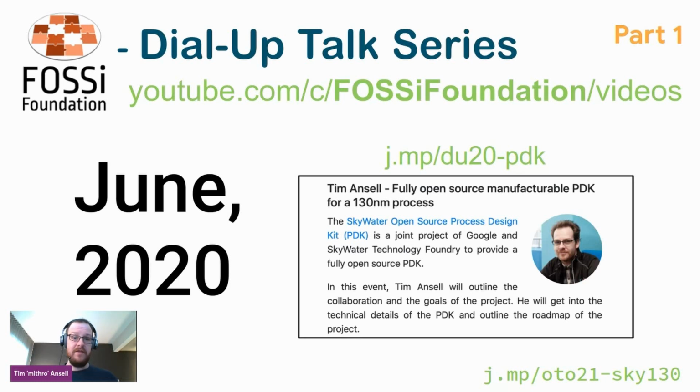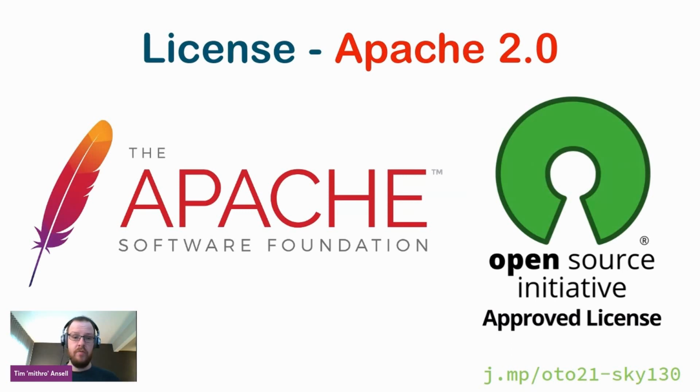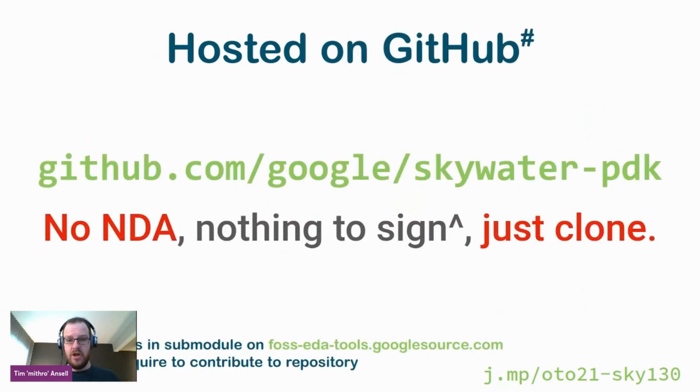I did the first talk about it at the FOSSi Foundation, and this is a fully open source PDK. It's available on GitHub. You can go to this URL and you can use it for manufacturing. It's under a real open source license. It's under Apache 2 license, and you don't have to sign NDAs. You can just clone.